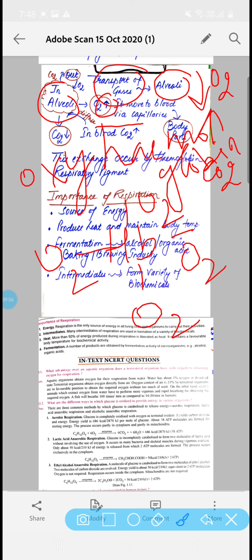So एक hemoglobin के अंदर 4 ऑक्सीजन ईज़िली कैरी होते हैं and it moves from the alveoli via the capillaries, because alveoli are covered with the capillaries.